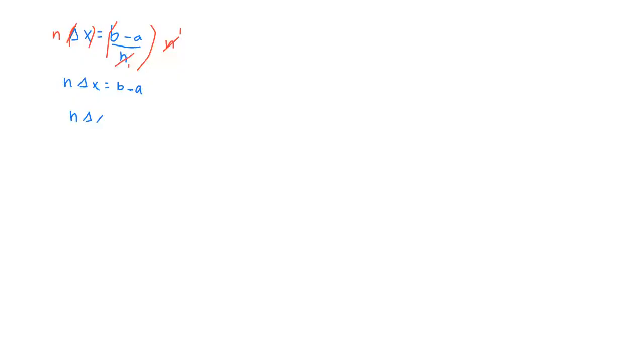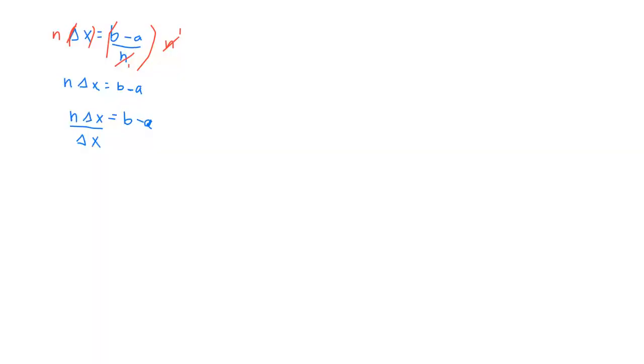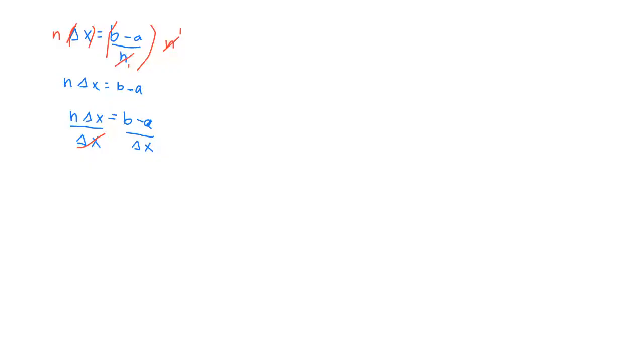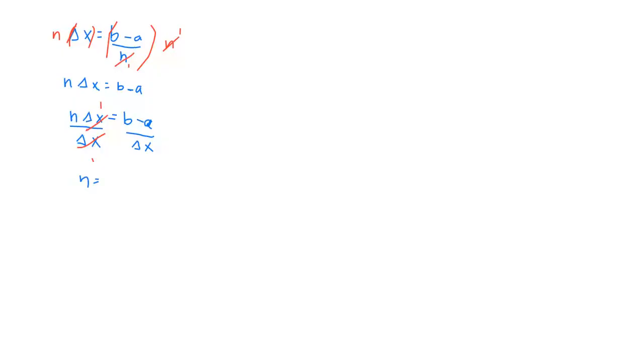Then I can divide both sides of that equation by delta x, and the delta x's simplify out, and I'm left with n equals b minus a over delta x.